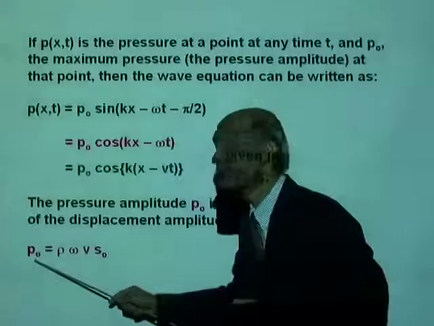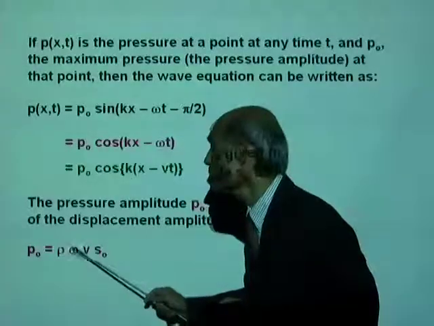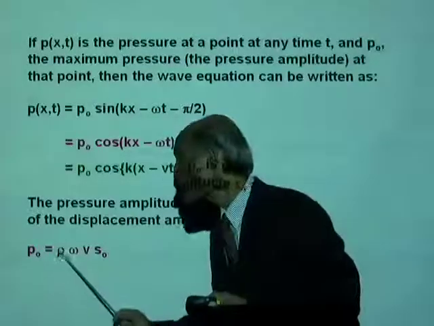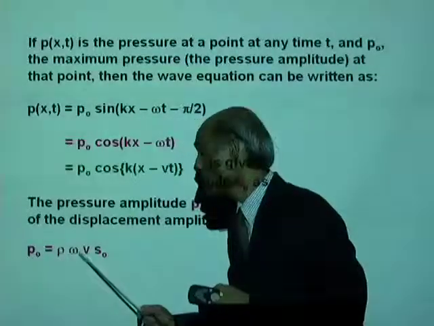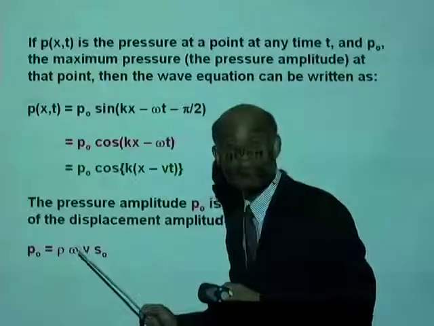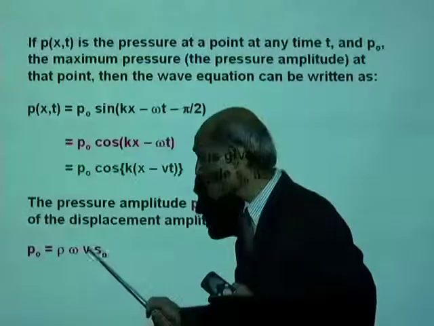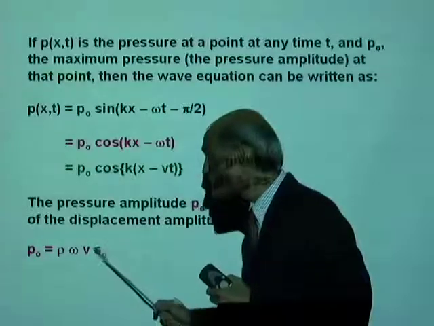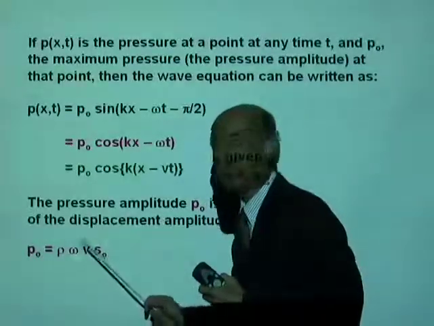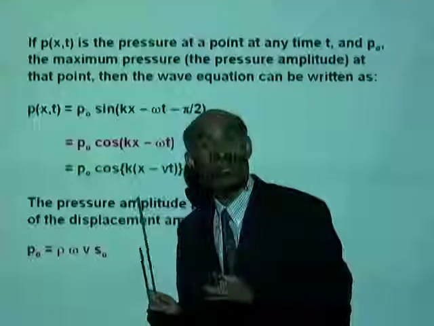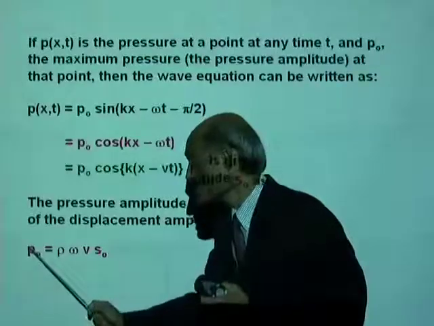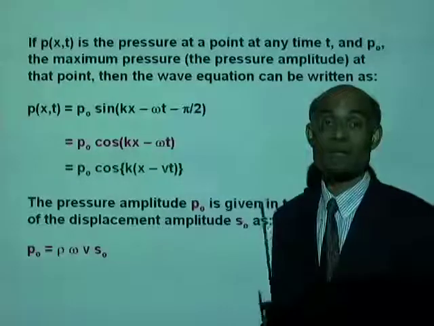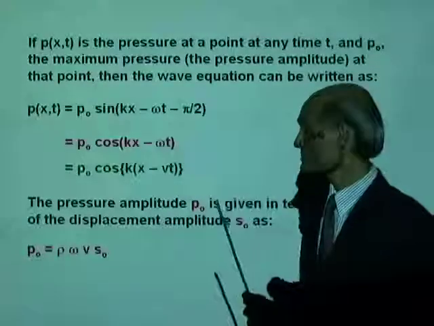It is P0 equal to rho omega V S0. Rho is the density of the medium. Omega is the angular frequency, that is 2 pi f. V is the speed of the wave. S0 is the displacement amplitude. P0 is the pressure amplitude. So a relation between pressure amplitude and displacement amplitude.